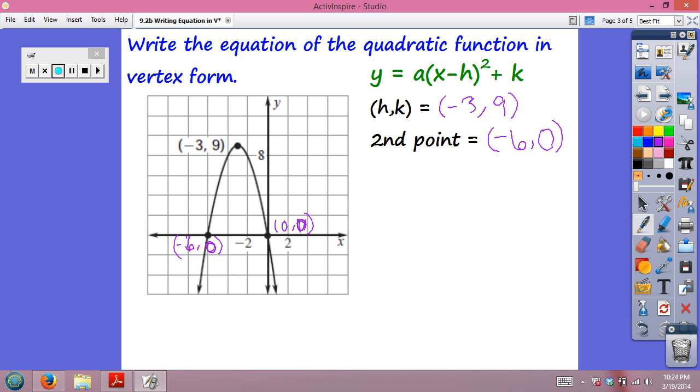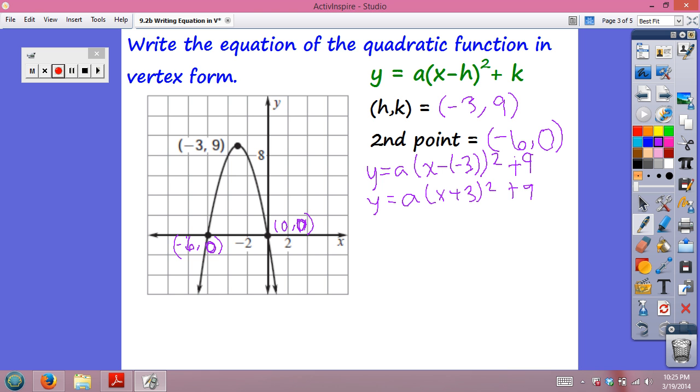So we're going to get y equals a times the quantity x, notice we have -3 here and we have minus h, so we have minus a -3 quantity squared plus k, which is 9. So if we simplify that, we're going to get y equals a times (x plus 3) squared plus 9.